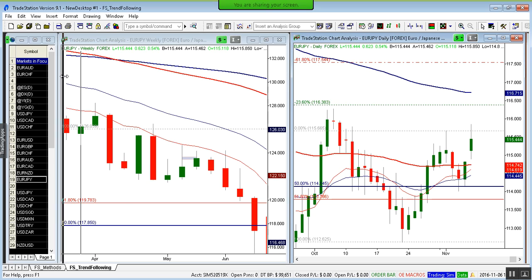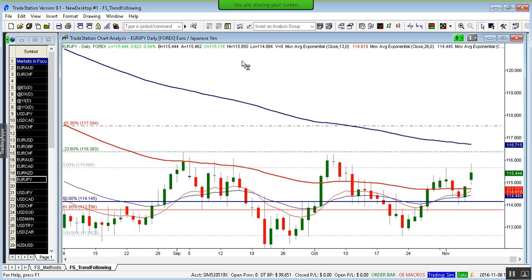So at the moment, this market on the daily has showed a strong move higher, along with all the other trades that we also have recommended in the last few weeks, particularly New Zealand dollar Japanese yen, and Australian dollar Japanese yen, which actually are now approaching, especially New Zealand dollar Japanese yen, approaching the second target as well.